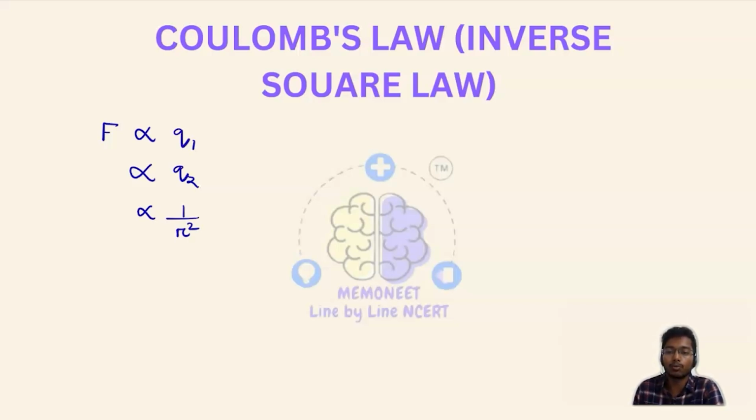So F equals k q1 q2 upon r square. k is Coulomb's constant.